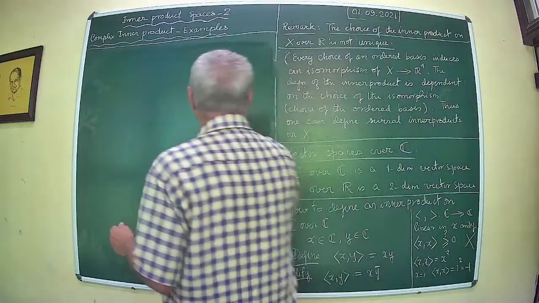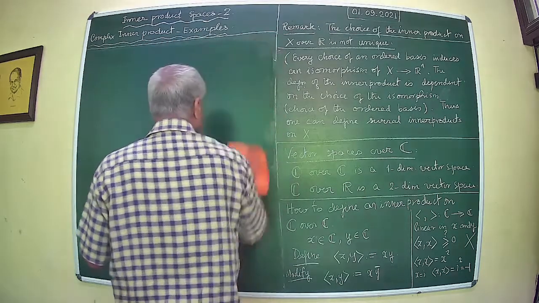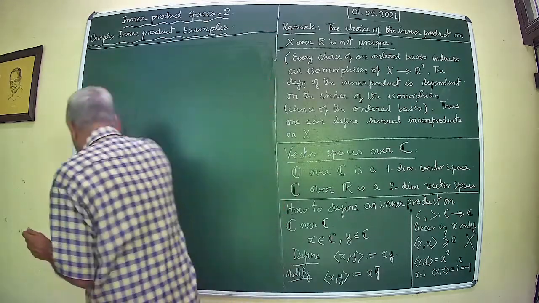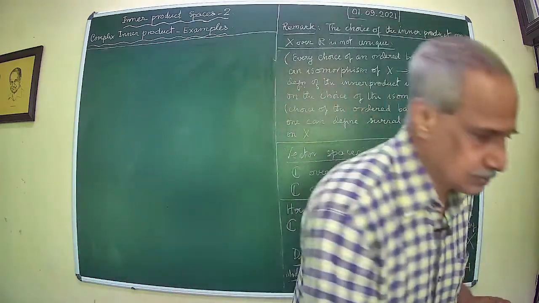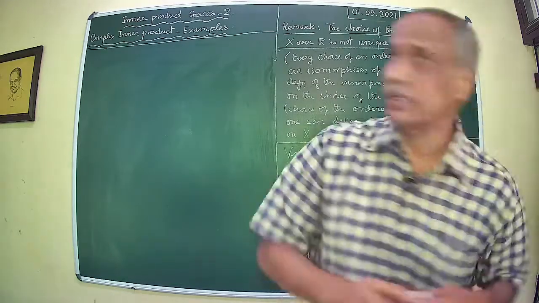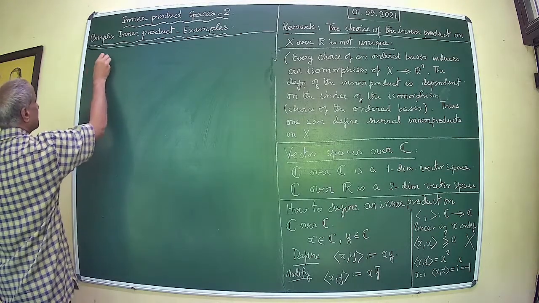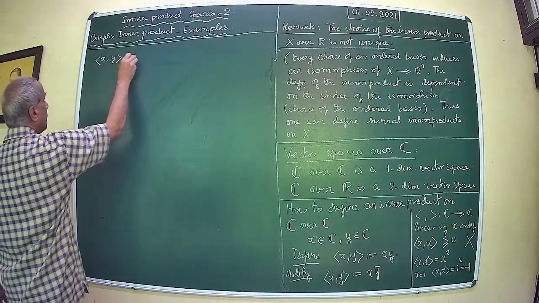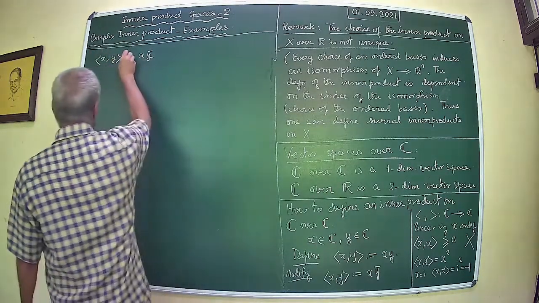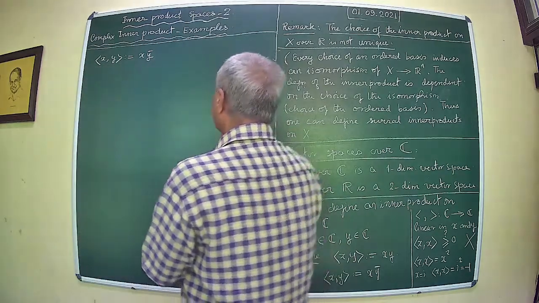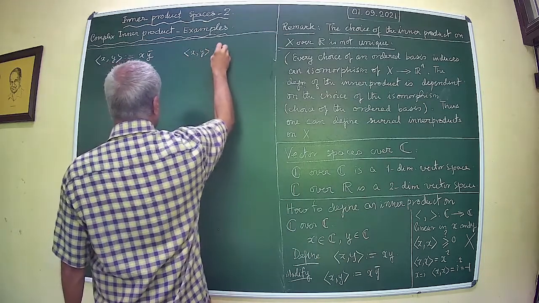So let us do that. We observe that. Now we observe that if I write (x, y) as x times y conjugate, suppose I take this as a definition, then what I see is that (x, y) is not equal to (y, x).